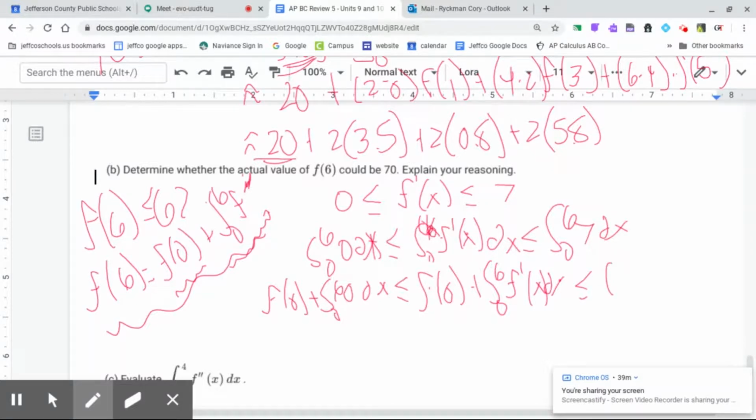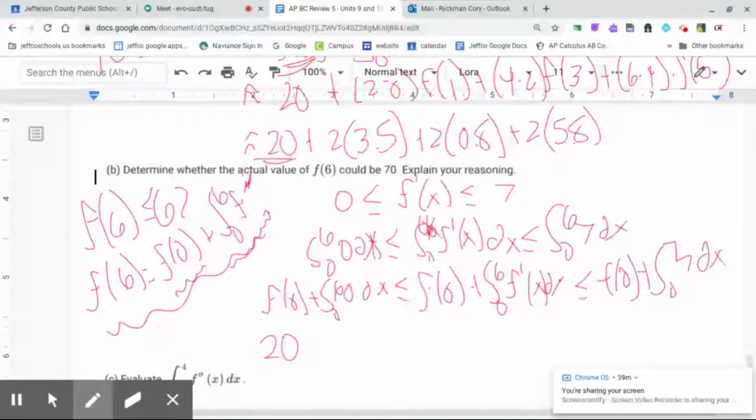Now I just need to figure out what the bounds are on the other side of this, yeah? Now I know that f at 0 is 20, and the integral is 0 there. So that means that f at 6 has to be at least 20.